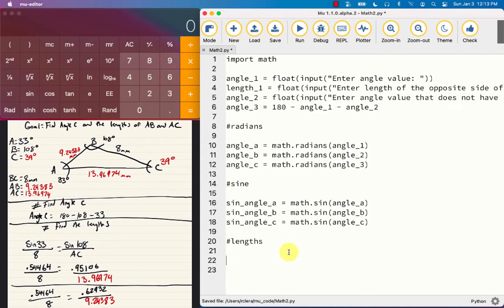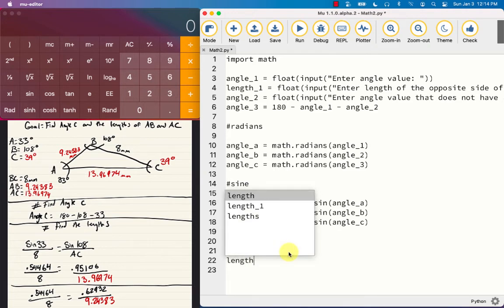So if we go back to our iPad, we have find the lengths, and what was it? We did the math of sine 33 over 8, and then we had the sine of 108. We divided, we multiplied by 8, and then we got the side AC. We did the same thing and got the other side. So let's do the math.